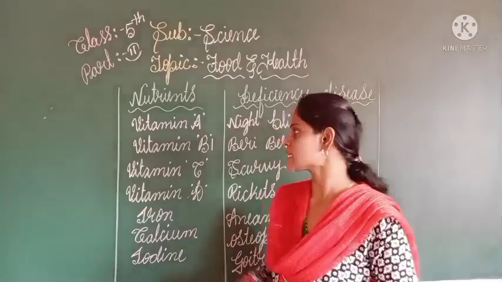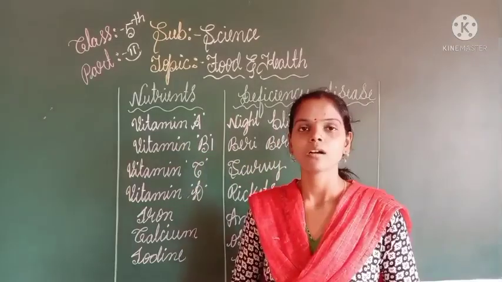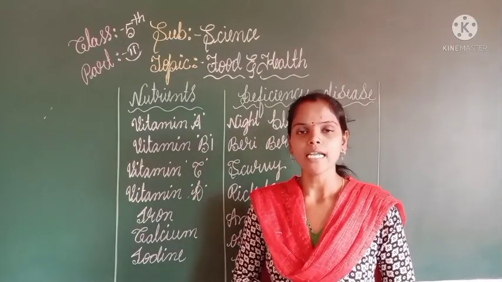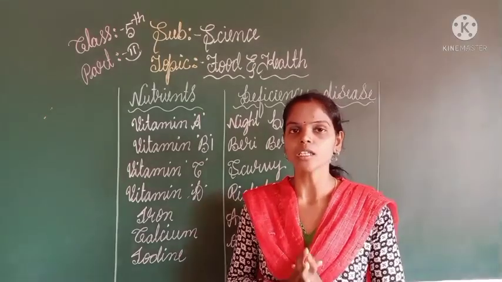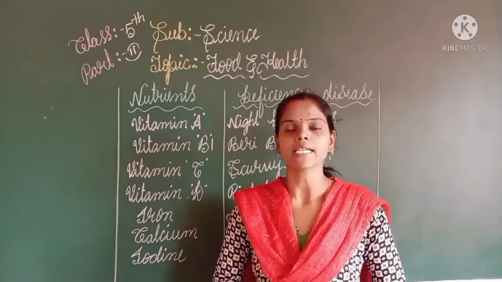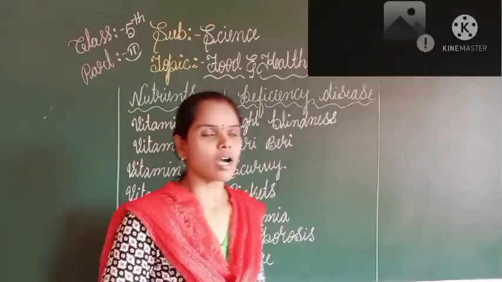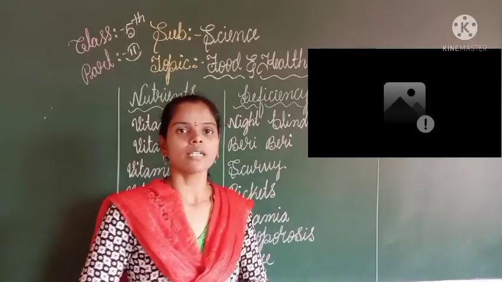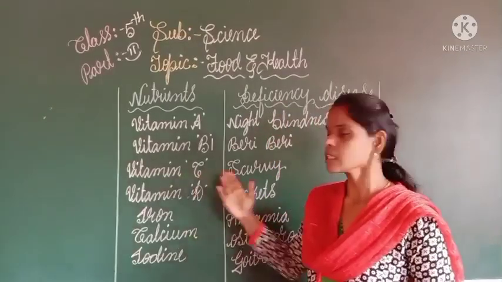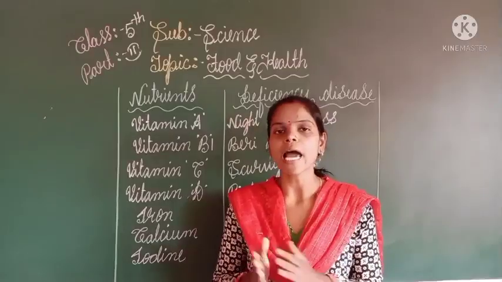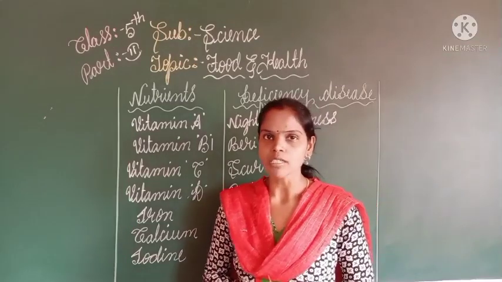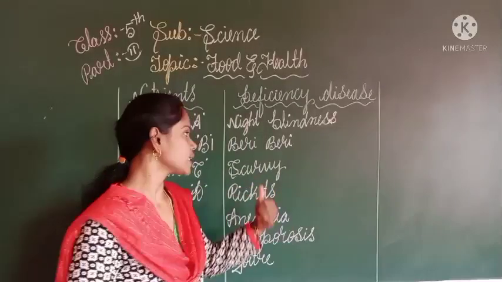The next point is vitamin B. Brown rice, nuts and egg are vitamin B rich foods. Lack of vitamin B causes various diseases. This is vitamin C. Due to the lack of vitamin C, scurvy occurs as a disease.